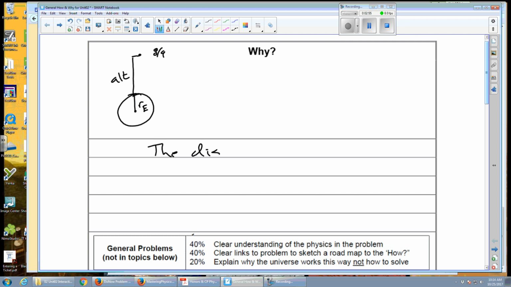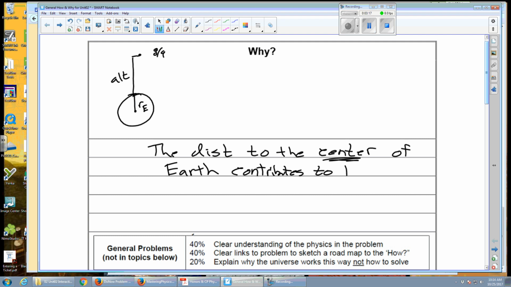I think that's important to show. The distance to the center of Earth contributes to the gravitational field strength.